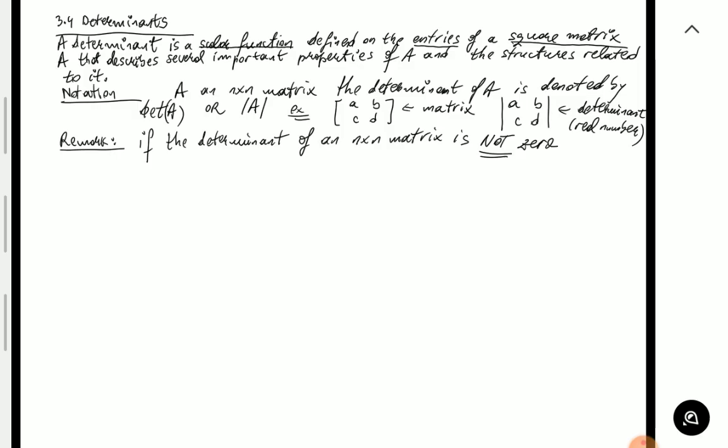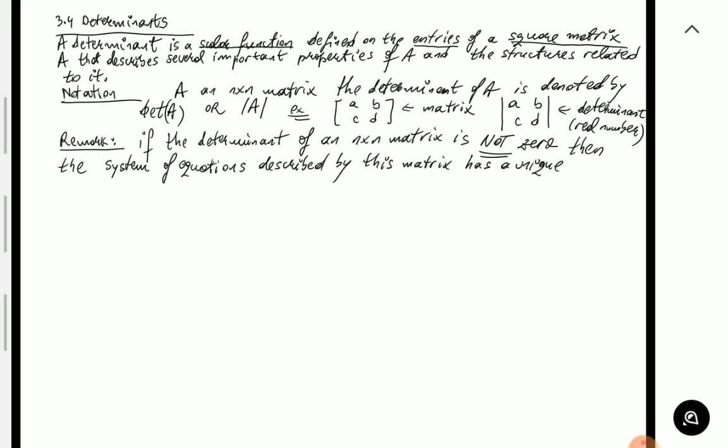So if the determinant is not 0, then the system of equations described by this matrix has a unique solution, right? So this is one of those very useful properties.